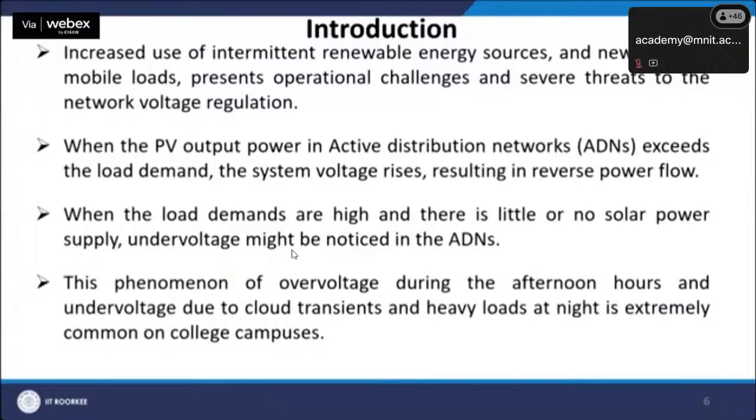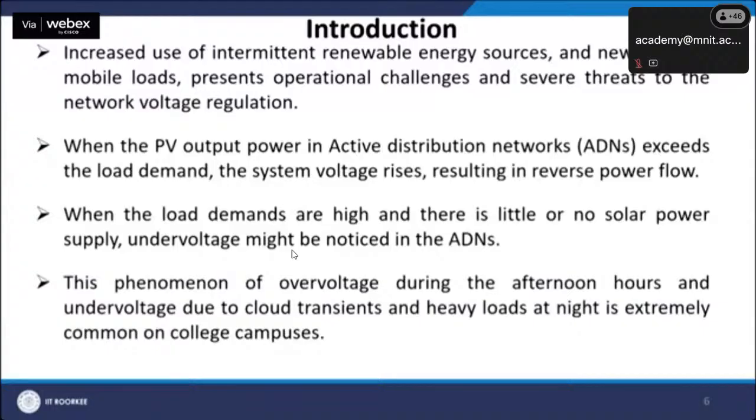very common installation. For example, overvoltage is often noticed while students on the campus are out for lunch, resulting in low load demand, and at the same time solar power is at its peak. One more interesting scenario academic campuses can experience, especially during summer vacation, is that the solar energy available is quite high.